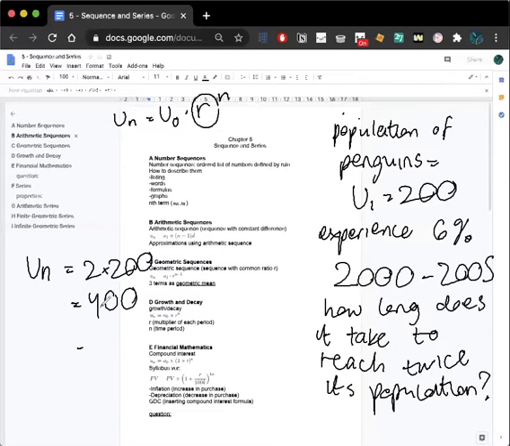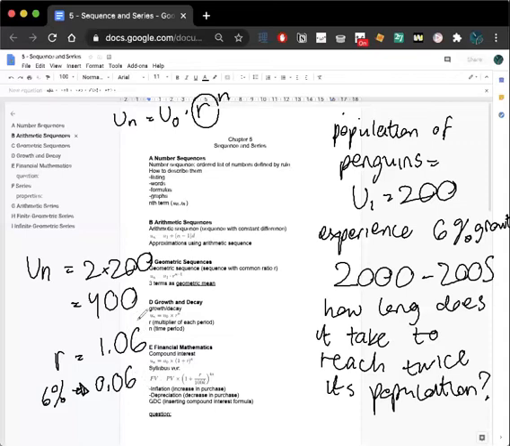The ratio would be 1.06 because it said they experienced 6% growth. If you turn 6% into decimals, it would turn into 0.06.